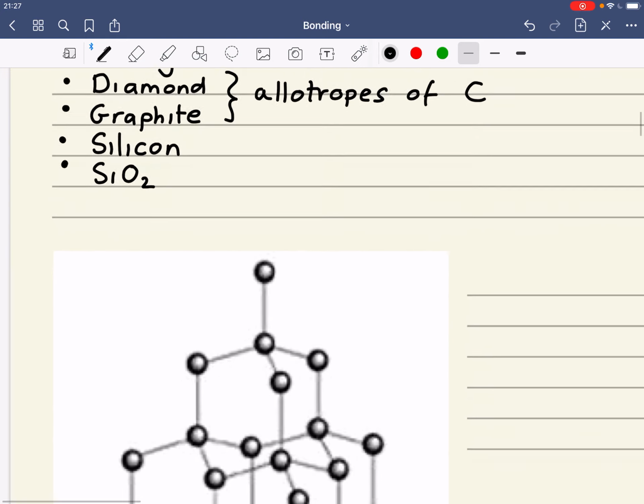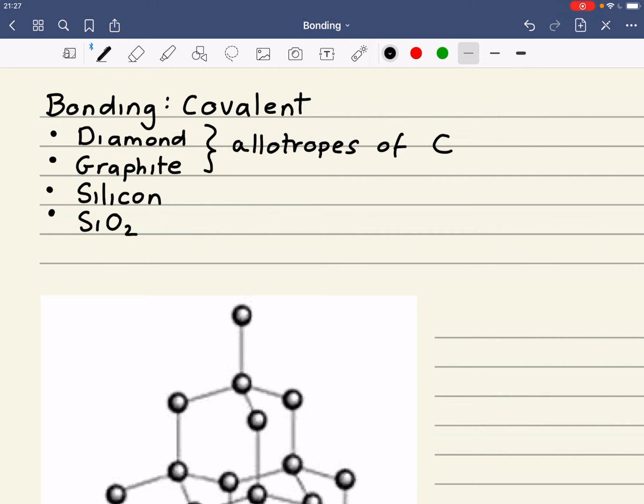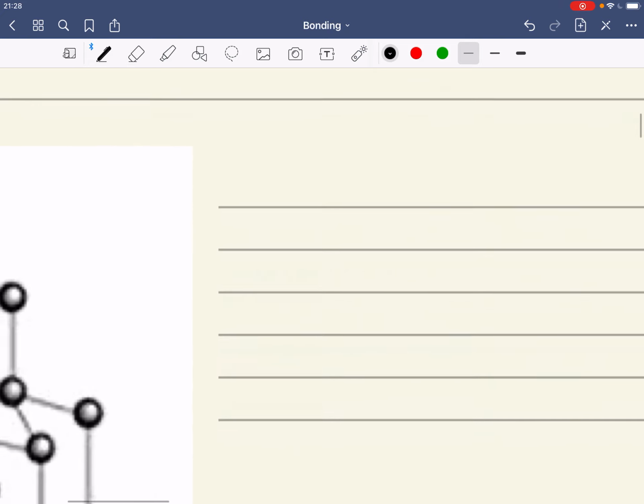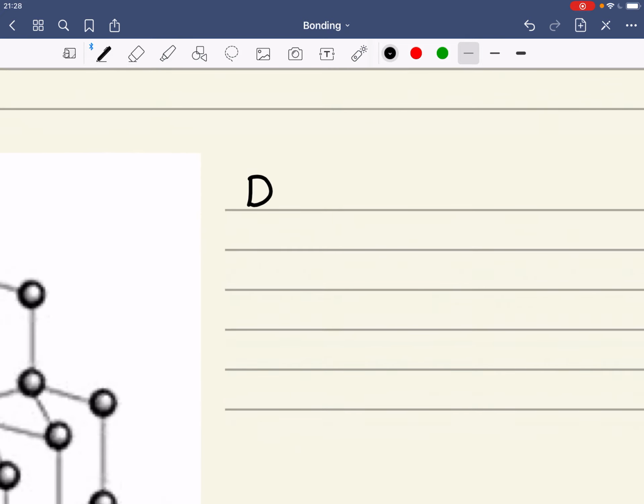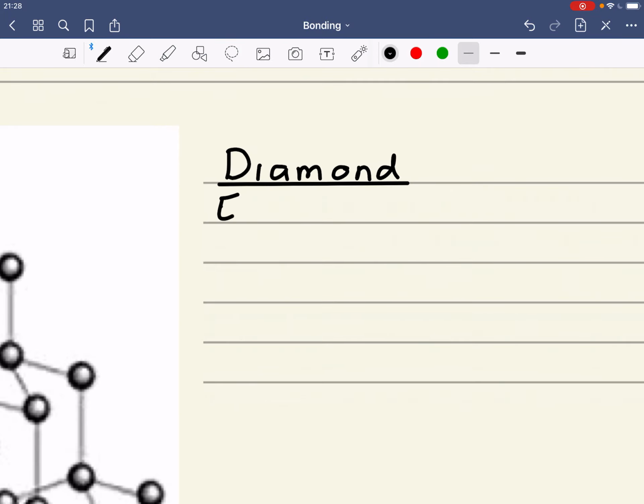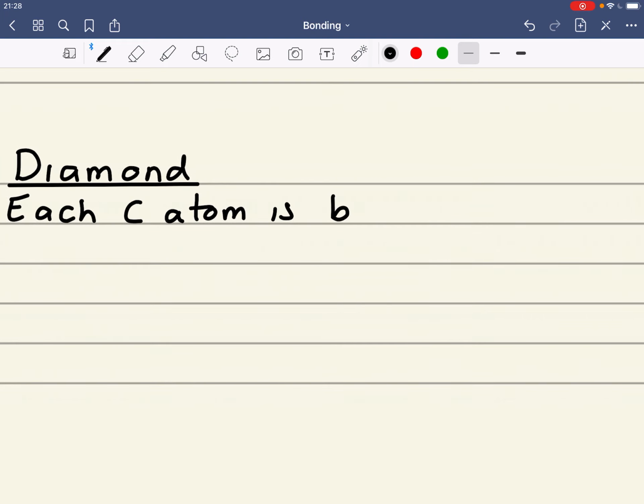What we're going to do in this video is look at the structures of diamond and graphite and see how we can use the structure to explain some physical properties. The first we're going to have a look at is diamond. What we can see with diamond is that each carbon atom is bonded to 4 other carbons.